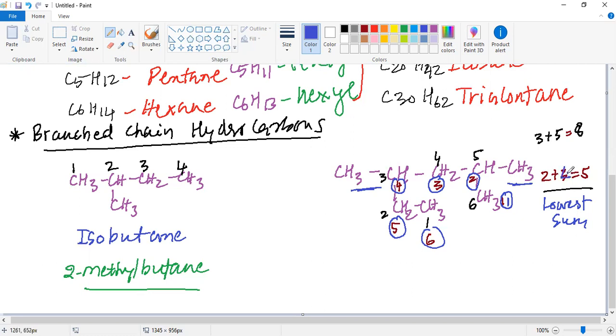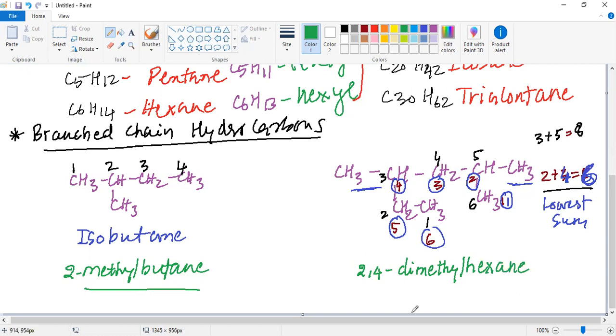So it's 2 plus 4, my dear students, that is going to be 6. I made a mistake earlier, but still it is the lowest sum. So we can give the name as 2,4-dimethylhexane.